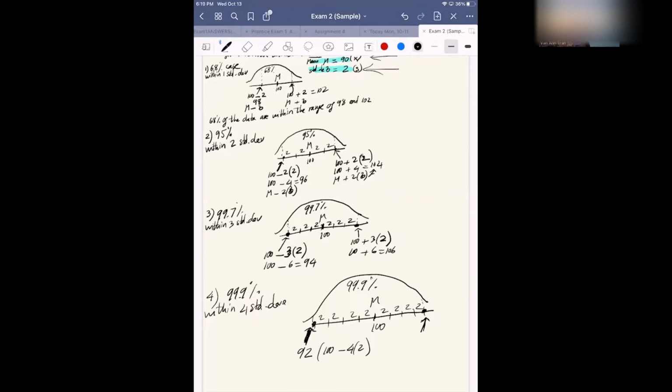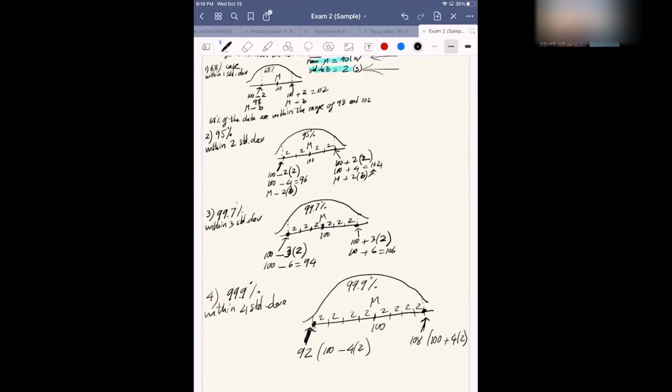All right, so if you keep adding 4 times, 100 added to 2, to 2, to 2, to 2. So it's going to be 108. Or you can also take 100 added to 4 times the standard deviation 2. So it's going to be 108, everyone. Yeah. You add 2 four times, 4 times the 2. Okay. So it should be 108.